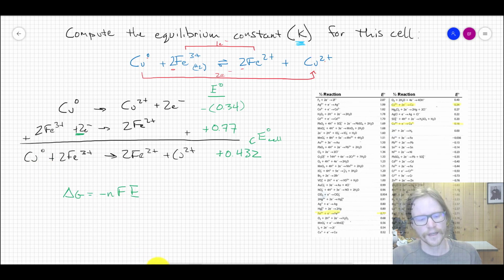Okay, so we have the E cell. We know it's spontaneous, and we're trying to compute what the equilibrium constant K is for the reaction. We know it's going to be greater than 1 simply because it's a spontaneous reaction.